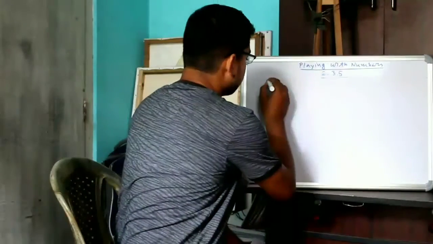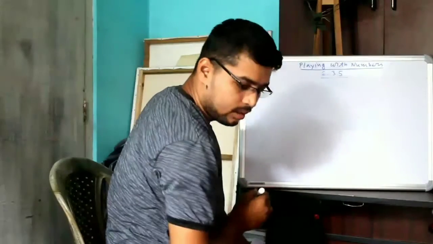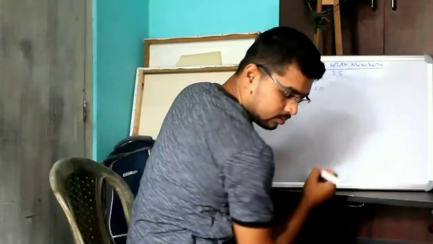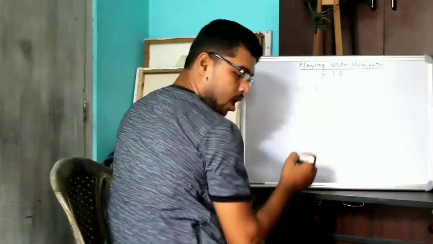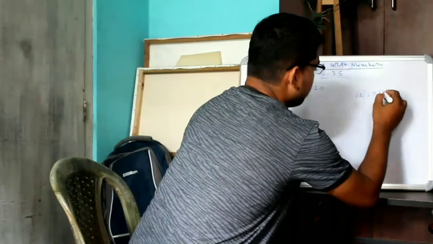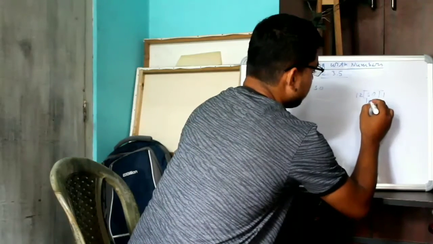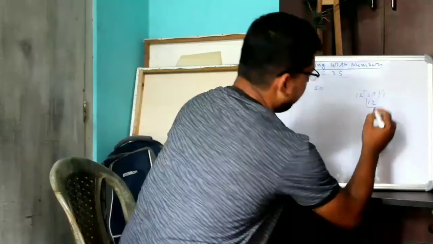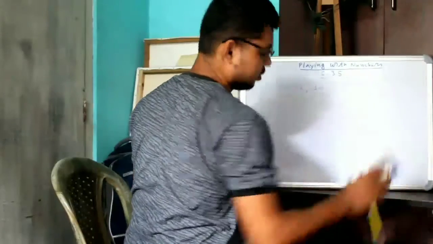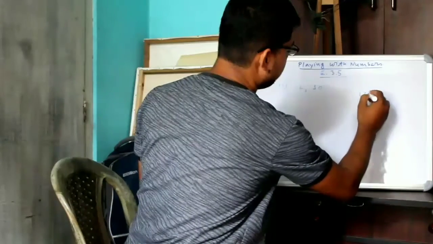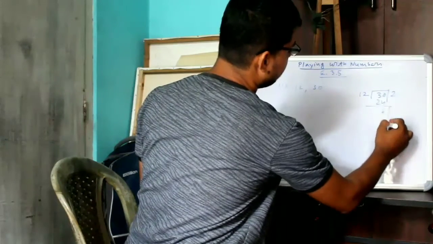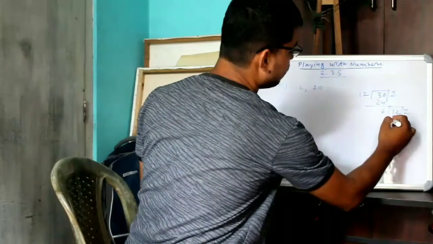1 and 2. 12 and 30. 30 divided by 12: 1 time 12, 18 remains. Then 12 divided by 18... 2 times 6 is 12, 6 will come, then 12 again, 2 times 6, 0.